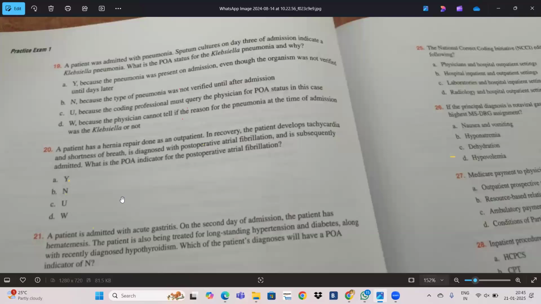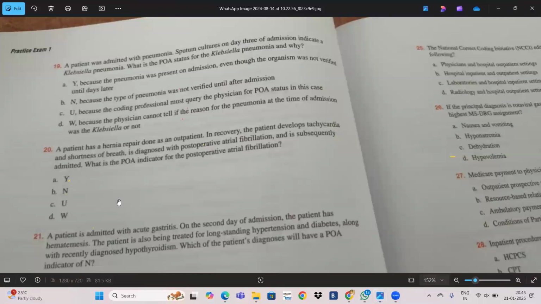Hematemesis. See, on the second day of admission, which means after admission, they identified the patient has hematemesis. What is the N indicator here? Hematemesis, gastritis with bleeding.